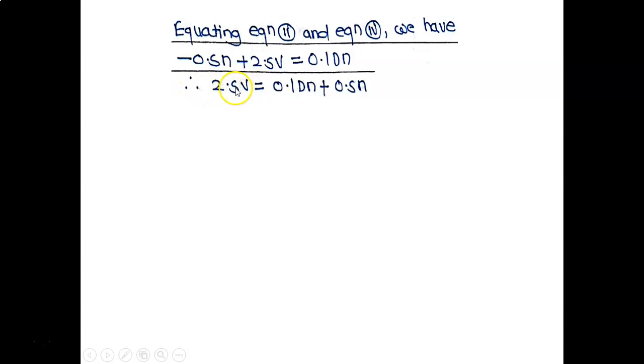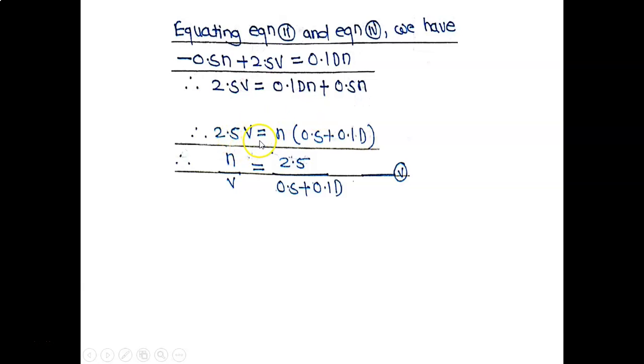Therefore 2.5v is equal to 0.1 Dn plus 0.5n. Therefore, 2.5v is equal to n, we have to take common, small n into bracket 0.5 plus 0.1 D. Therefore, we take n divided by v. N divided by v is equal to 2.5, this term will go on this side, it will become divided by. Therefore n divided by v is equal to 2.5 divided by 0.5 plus 0.1 D, equation 5.